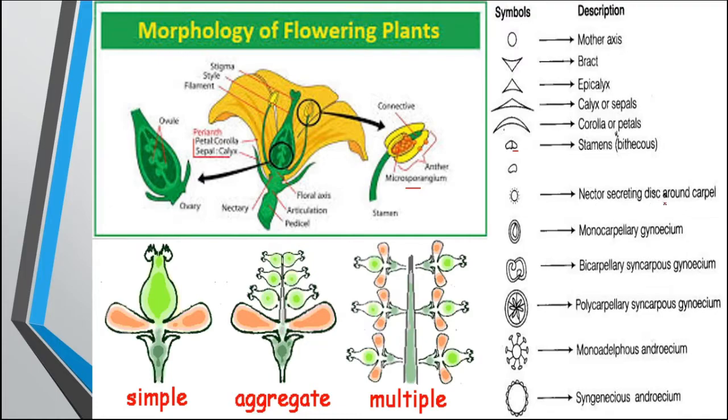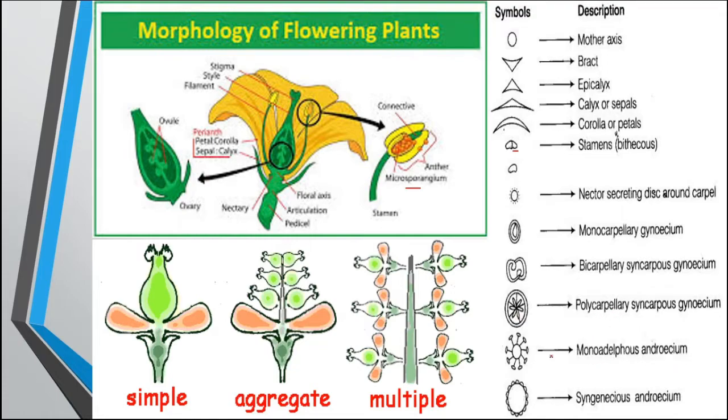Now the nectar secreting disc around the carpel, for this we will use this symbol. Then monocarpellary gynoecium, that is a single carpel, we will use such type of structure. Bicarpellary syncarpous, that is fused, will show such a structure. Polycarpellary syncarpous will show like this because they are fused but more carpels are there.